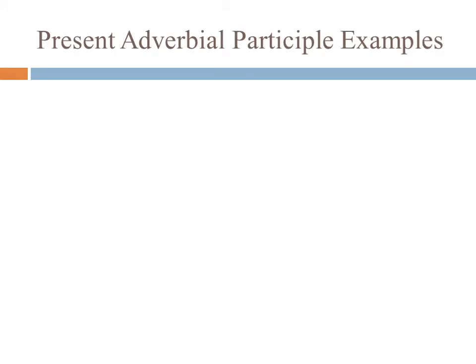Let's look at some examples of the present adverbial participle. The two possibilities are going to be active and middle passive. These are the two voices that exist for the present tense. So these are the two types of participles that we're going to be seeing in the present. Luon blepei auto.